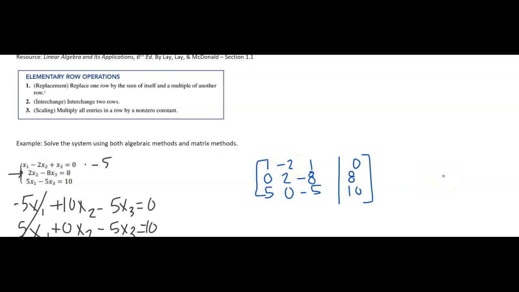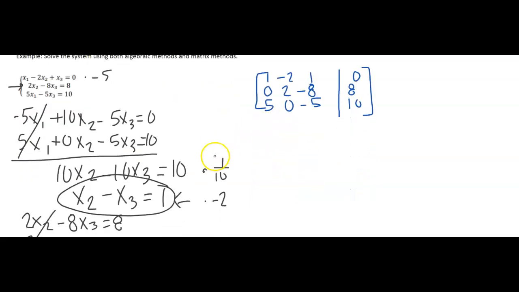Now, the first thing that I actually want to do is this scaling step. I'm noticing that I can multiply row 2 by 1/2 and decrease all of those constants by that factor to make this a little bit more simple. I'm also noticing that I can multiply row 3 by 1/5 and get something very similar, where I'm going to be able to simplify that row.